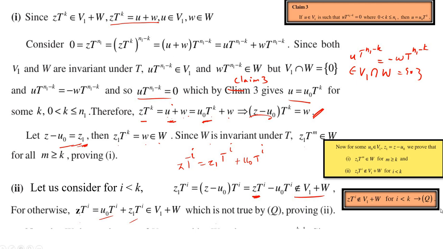You have said already in statement Q that Z T power I does not belong to V1 plus W for I less than K. So you have a contradiction.